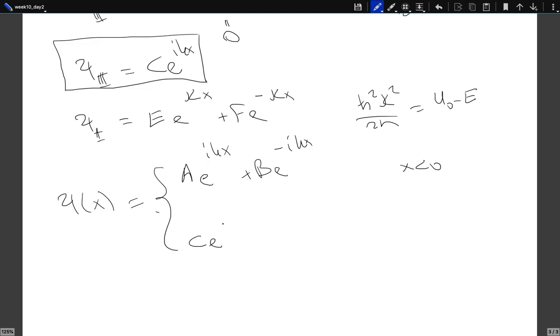It is c times e to power ikx if x is larger than L. And I don't have the e to power minus ikx term because there is nothing to reflect my particle back in this region. And for x between 0 and L, I have e times e to power kappa x plus f times e to power minus kappa x.